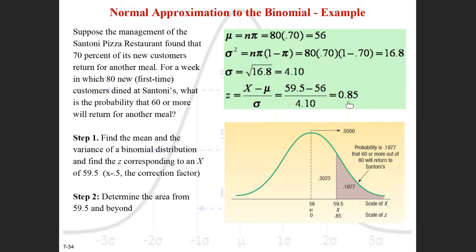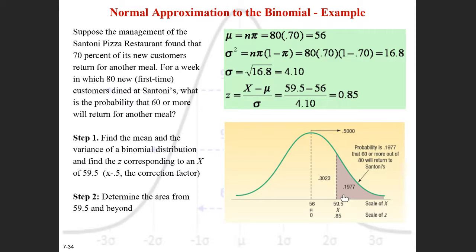The z score is 0.85 standard deviations away from the mean. Any questions about that? You understand why this is equivalent to 0.85 standard deviations.